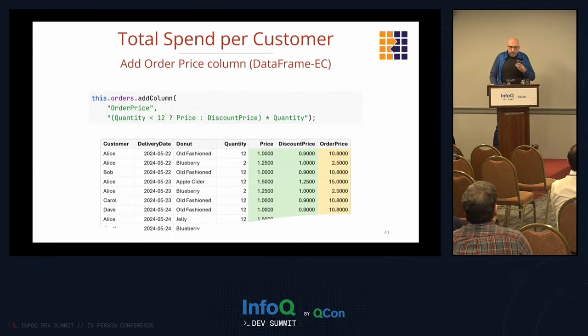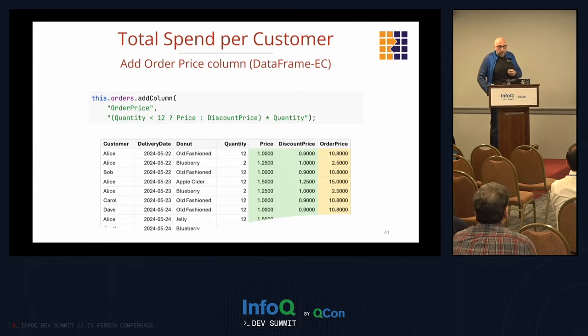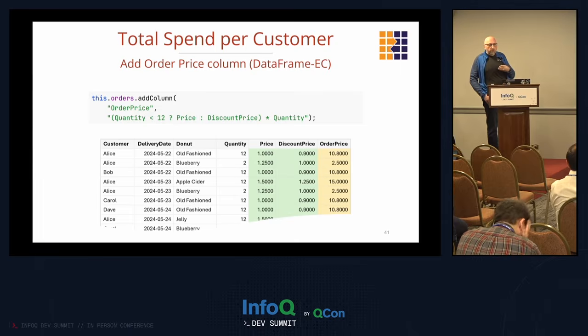The next one is another example where you have a difference between the external DSL for expressions that you see here and the internal DSL we'll see on a later slide. So this is exactly the formula that you saw when we looked at the requirements for this use case. Quantity less than 12, use price, otherwise use discount price and multiply by quantity.